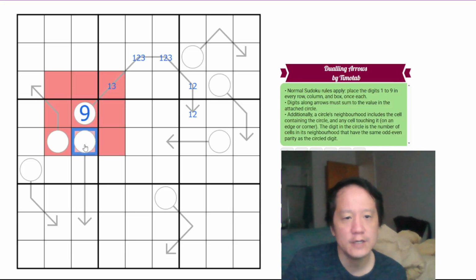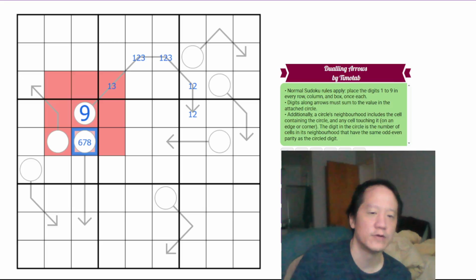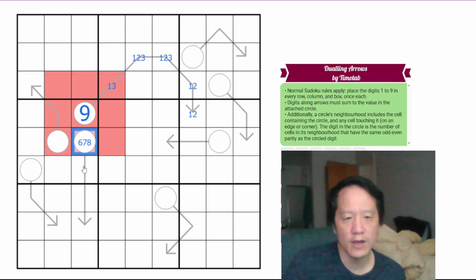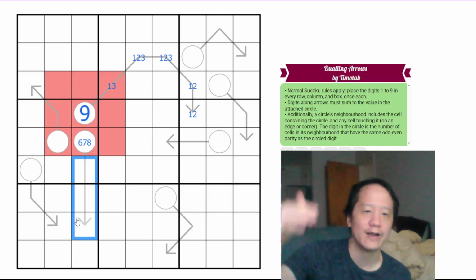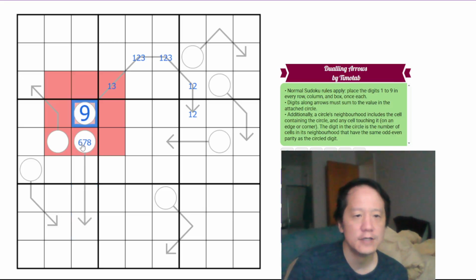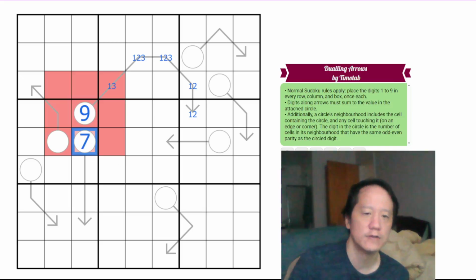This is odd. This is the sum of 3 digits, so it must be 6, 7, or 8, because the minimum again is 1 plus 2 plus 3, which is 6, and then you can have higher. And this cannot be 9. This then is also odd, so it can only be 7.